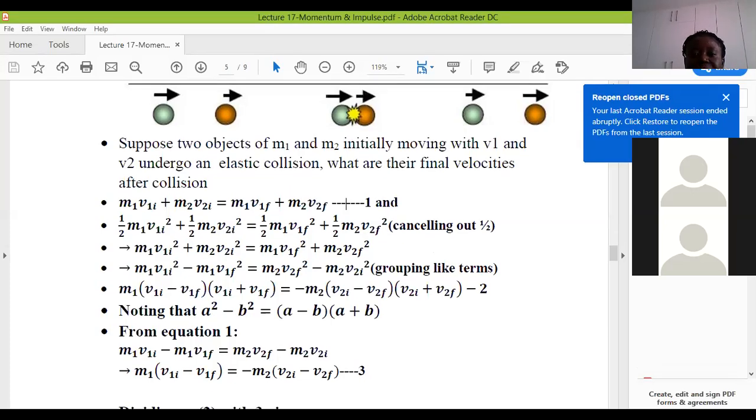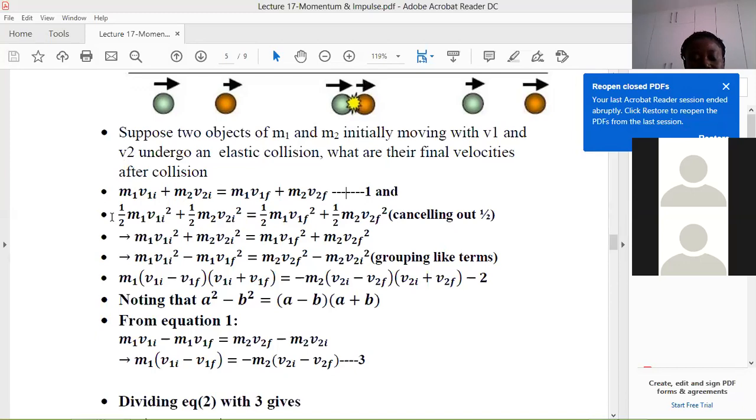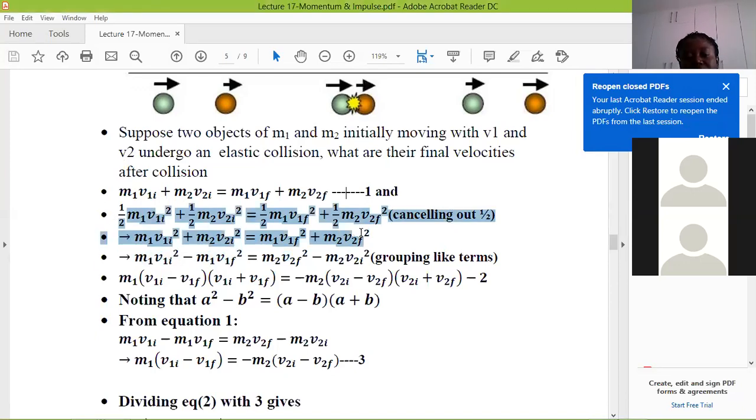If we consider the kinetic energy, which is half the mass times the velocity squared for each object, then multiplying by 2 on both sides, the halves cancel out and it simplifies to m1 v1 initial squared plus m2 v2 initial squared, which should equal the kinetic energy after the collision.